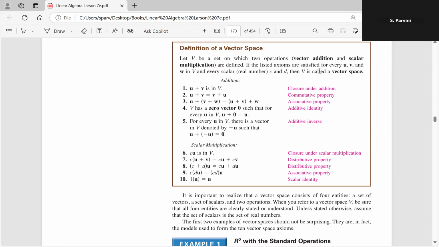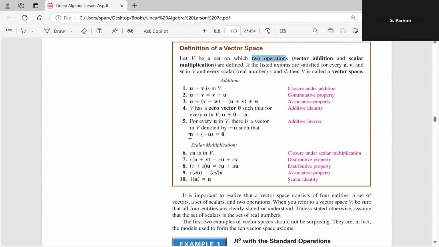If the listed axioms are satisfied for every vector in V and every scalar c and d, then this defines a vector space. So again, it's important to know that a vector space V, according to the book, is a set on which these 2 standard operations are defined.